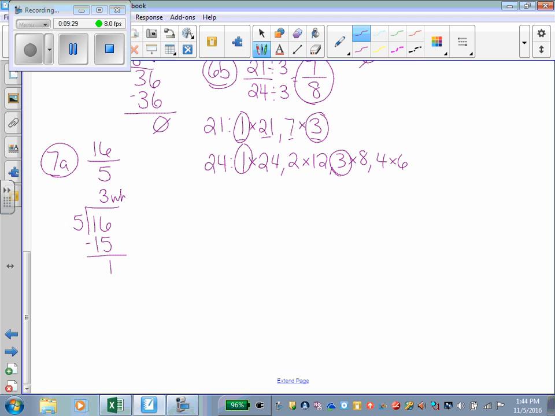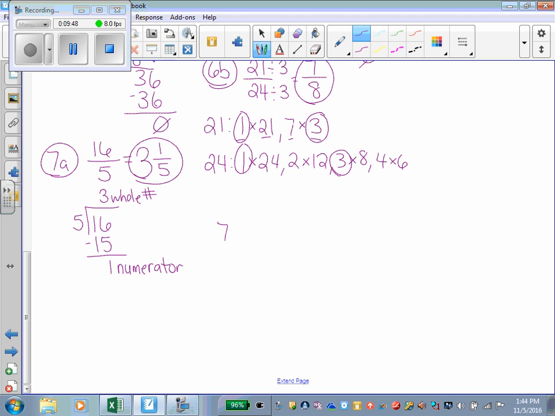Your quotient is your whole number. Your remainder is your numerator. And your denominator will stay the same. So your answer is 3 1/5.